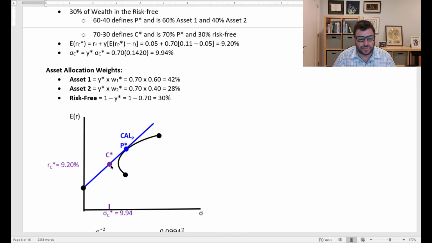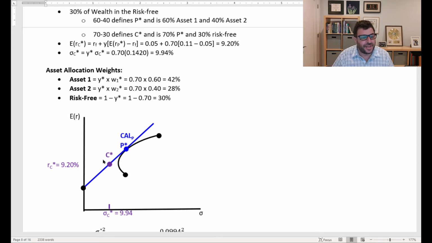This is also sometimes called the separation process, where I separate finding P star and then finding C star. Remember, P star is the optimal risky and C star is the optimal combined. And the whole point is that I could never find this portfolio without going through this process.